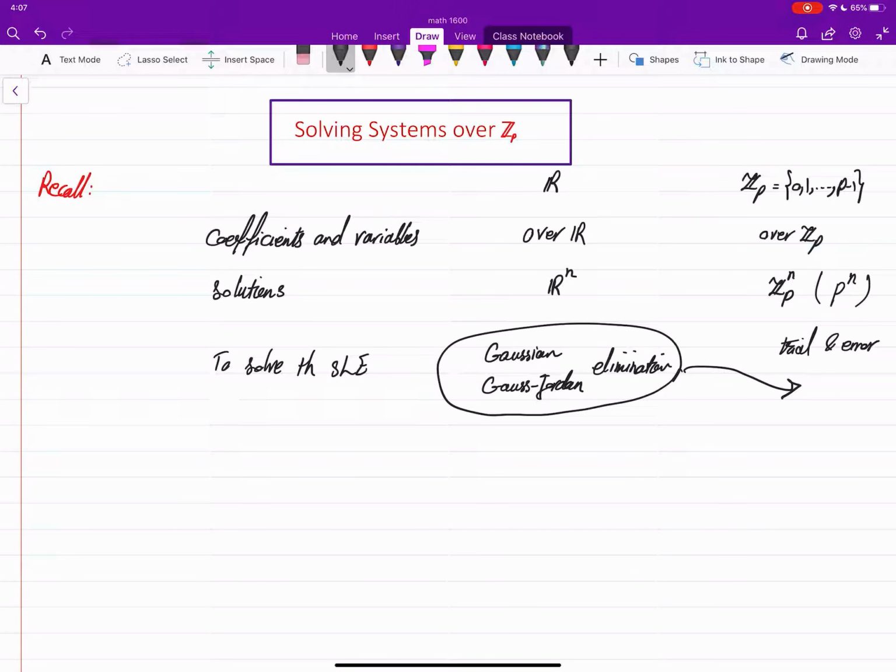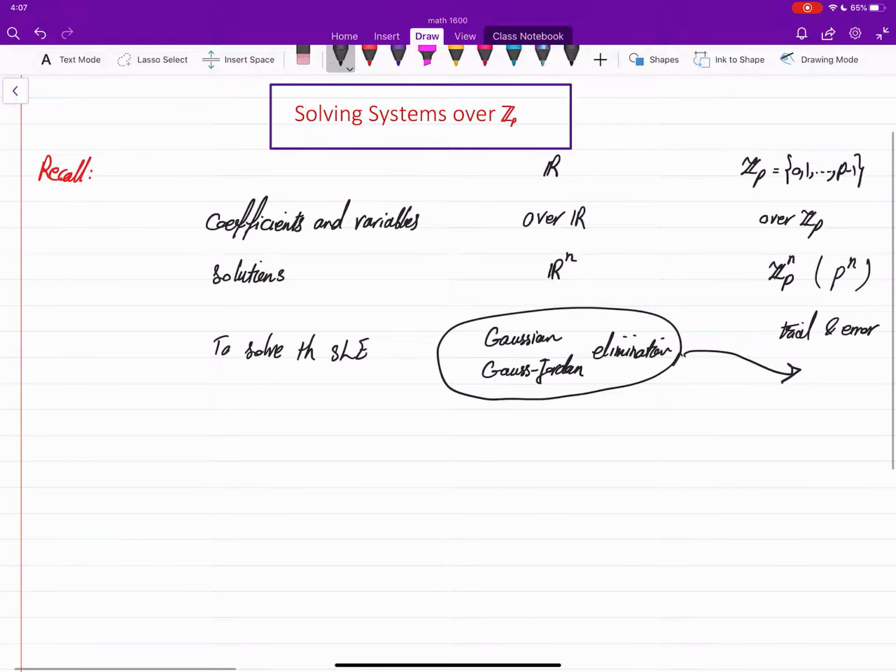We have to be just a little bit careful, because while reducing the augmented matrices, we sometimes subtract, or sometimes we multiply by 1 over something, the inverse of something, basically divide. In Zp, this is a remark that you should keep in mind: there's no dividing. You don't have 1 over 2.